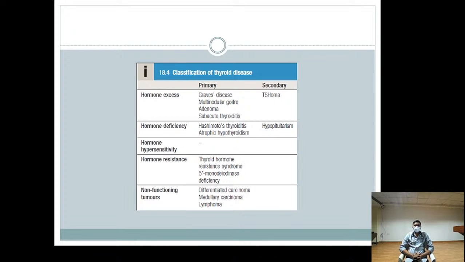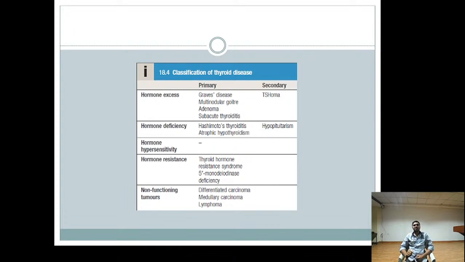Classification of thyroid diseases. As we have seen in the last class, the endocrine diseases are classified as due to hormone excess, hormone deficiency, hormone resistance, or non-functioning tumors. Thyroid hormone excess may be due to Graves' disease, multinodular goiter, adenoma, or subacute thyroiditis.